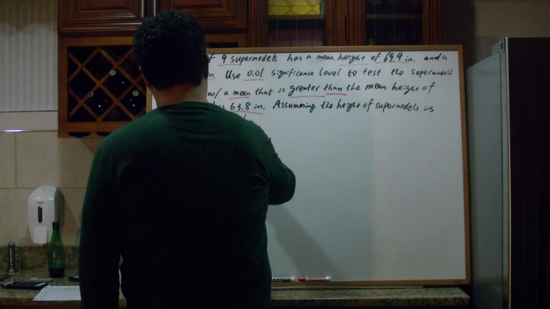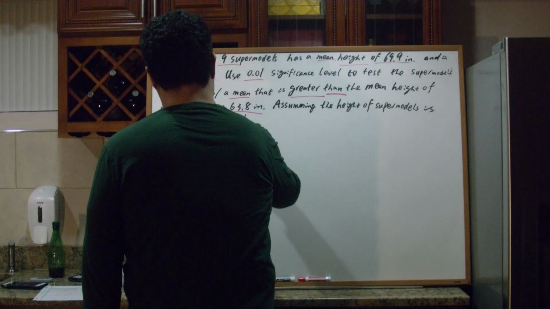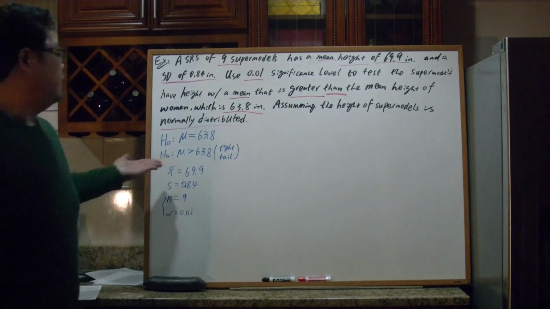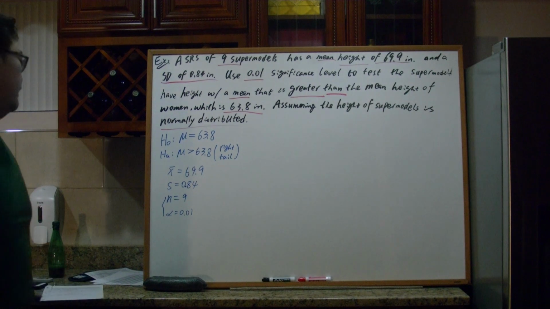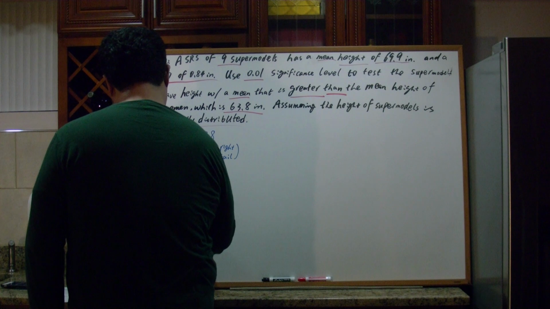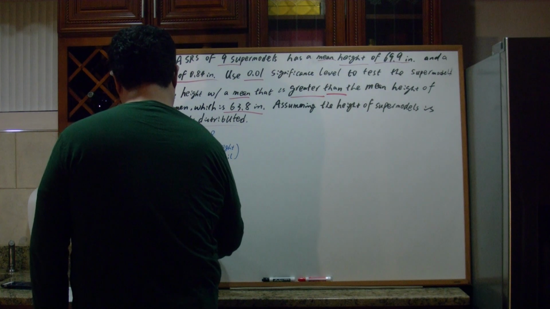So what we get is the right tail test still. The right tail test to say it's bigger than. So we get degrees of freedom equal to 8.